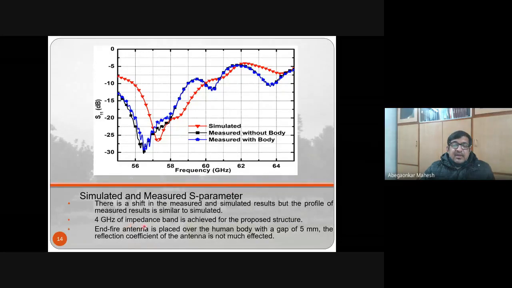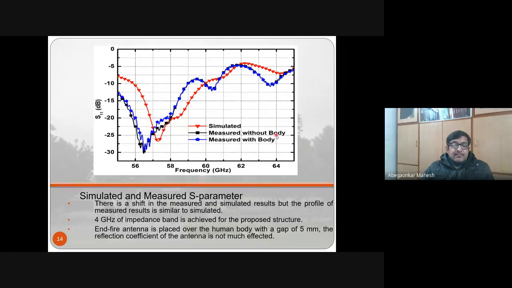The end fire antenna is placed over the human body with a gap of 5 millimeters, and that is how the measurements are done, the blue curve here. So you still get equivalent impedance matching as without the body, and we see that the reflection coefficient of the antenna is not much affected.